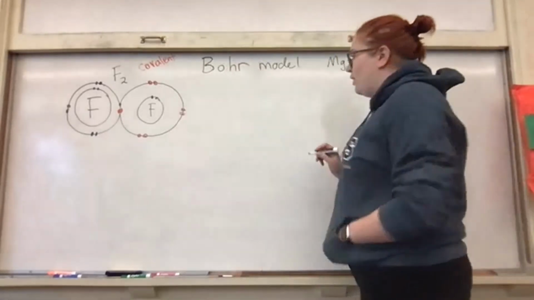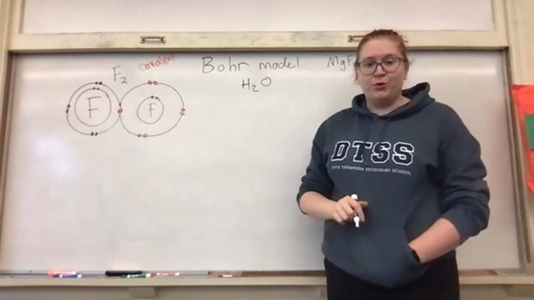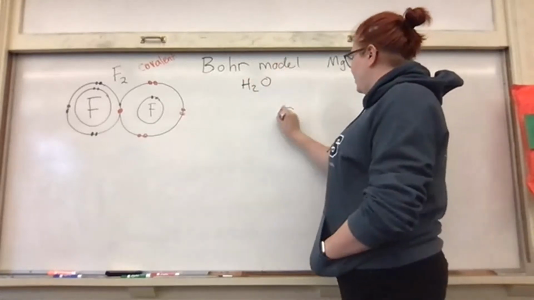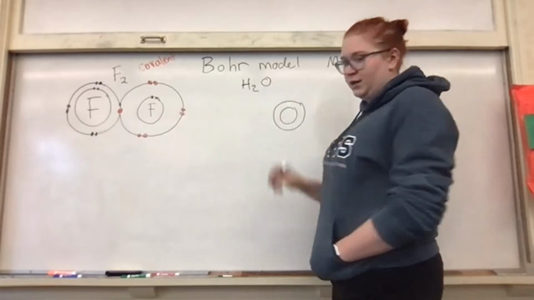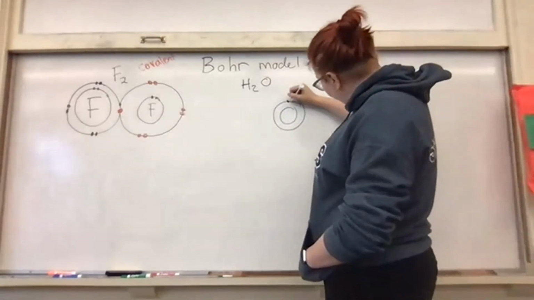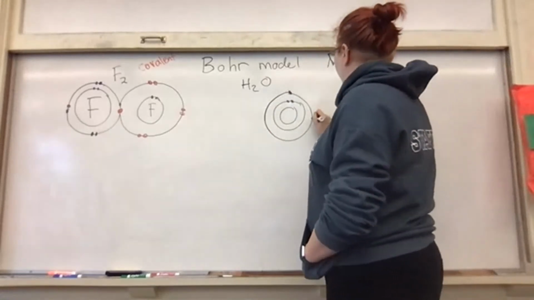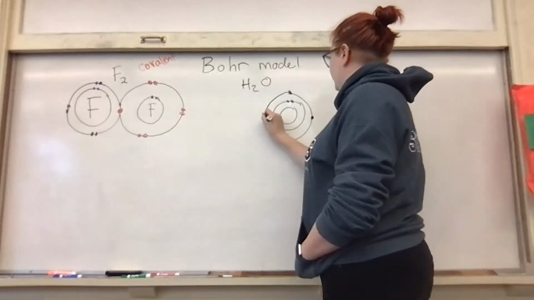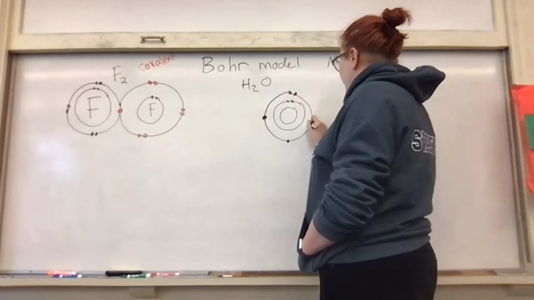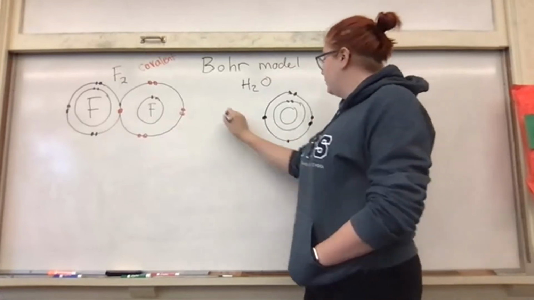What if, let's do H2O, a common one, water. Here's my oxygen. When I look at my periodic table, it has 8 electrons. 6, 7, 8. So you can already tell it's going to want to share 2.